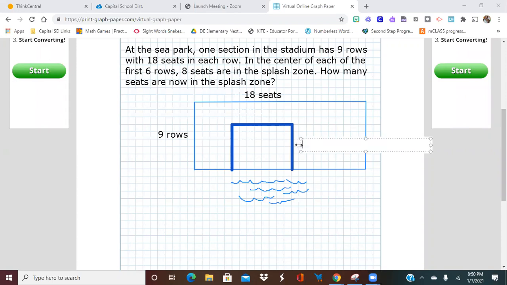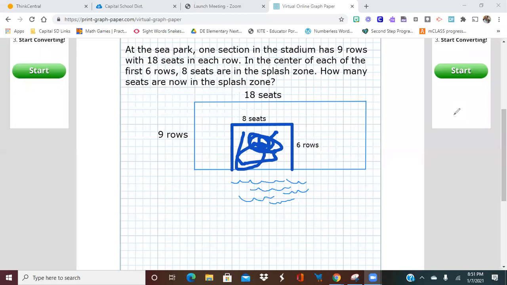I have my 6 rows because it was 6 rows back. And in that 6 rows, there are 8 seats in each row that are in that splash zone. So now I have my picture of the splash zone of 6 rows and 8 seats, okay? So all in this area right here and here, this is all that splash zone. And I want to find out how many seats are in that splash zone, okay?